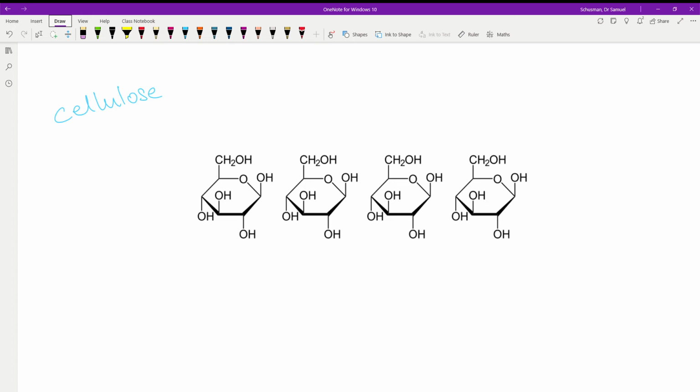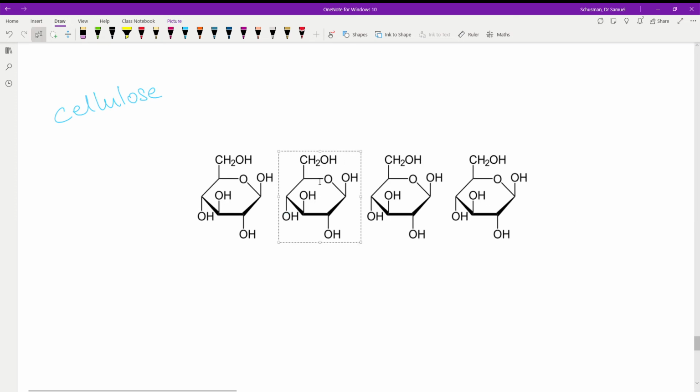Sometimes you will have diagrams showing you form a glycosidic bond like this. So we take out that OH, we take out that OH, and you get a glycosidic bond forming here, and they go like beta 1,4 glycosidic. But that's actually incorrect, and that's not how glycosidic bonds in beta glucose form.